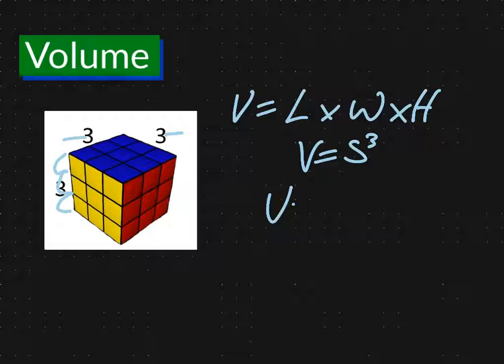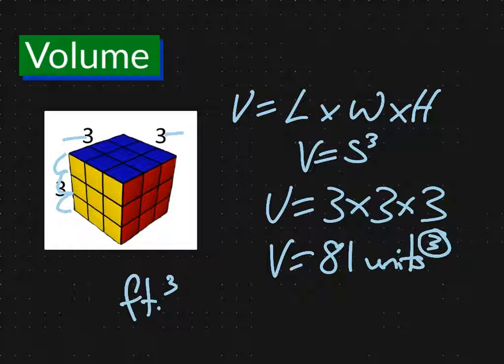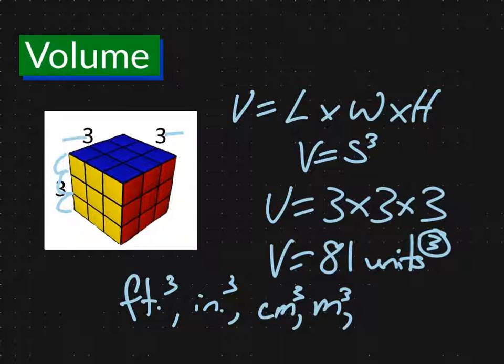So the volume then is equal to 3 times 3 times 3, and when we work it out, we'll find that the volume is equal to 81 units, we don't know what these units are, cubed. And please note the volume is always measured in cubes, so that could be feet cubed, or inches cubed, or centimeters cubed, or meters cubed, or whatever.